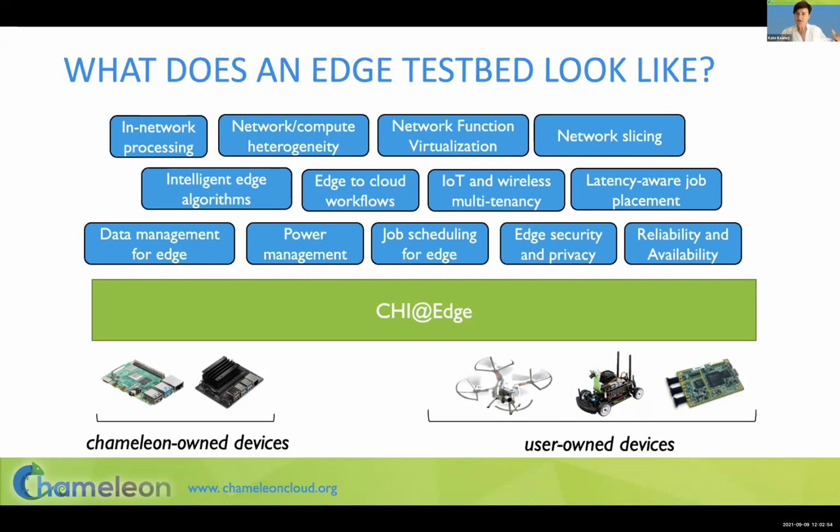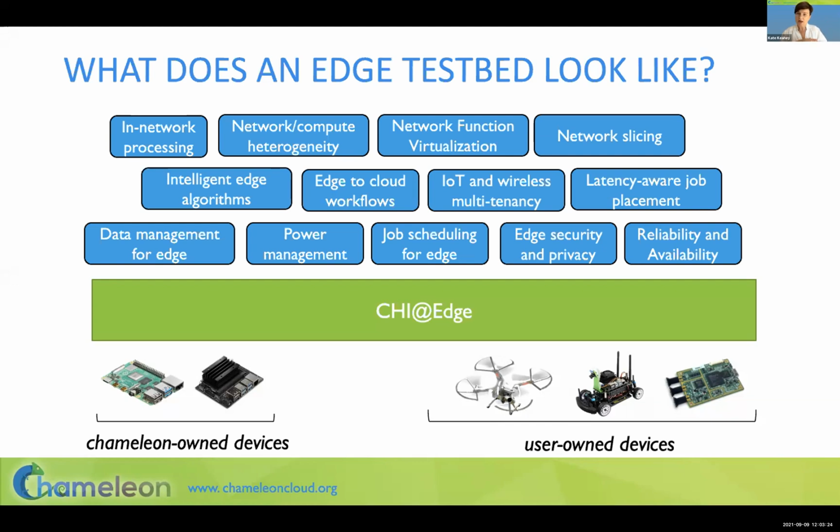And the idea is that now users can, based on that platform, develop many solutions in networking, in power management, in data management. They can develop new scheduling solutions for the edge, work on security and privacy, develop new workflow solutions. And then when they are done developing those solutions, they can package it with CHIEdge to provide an end-to-end solution that somebody else can deploy, right?